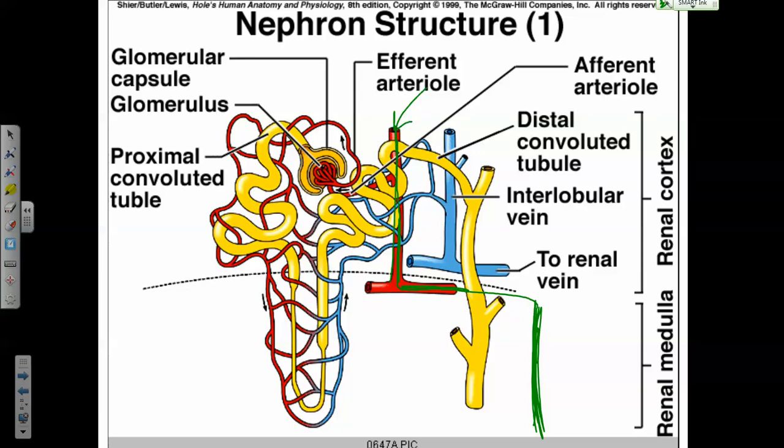Now, here you can see the afferent arteriole coming off of it, going to the glomerulus, efferent arteriole coming out of the glomerulus, and then that leads to peritubular capillaries, all of these, and then they pull together into, now this is easy, here's the veins: interlobular vein, archiform vein, interlobar vein that goes to the renal vein. So at least the veins have the same names as the arteries that they parallel. But you need to know that flow.